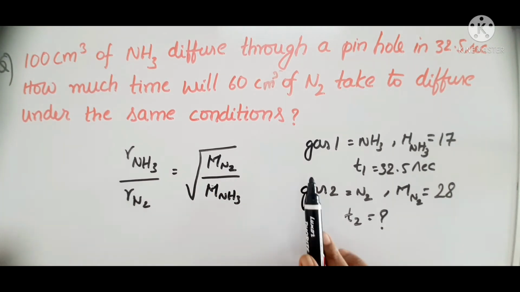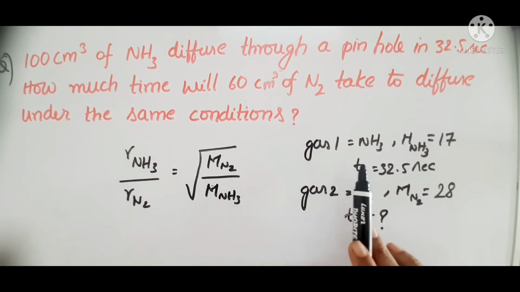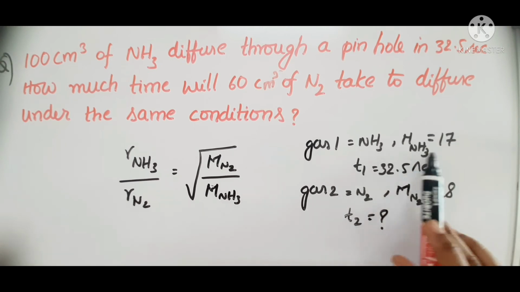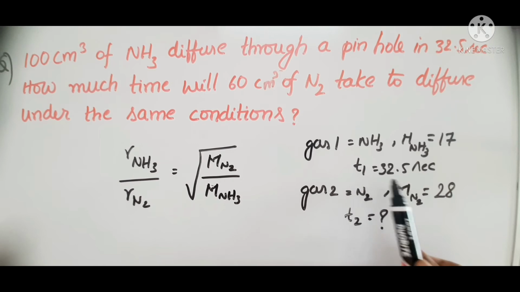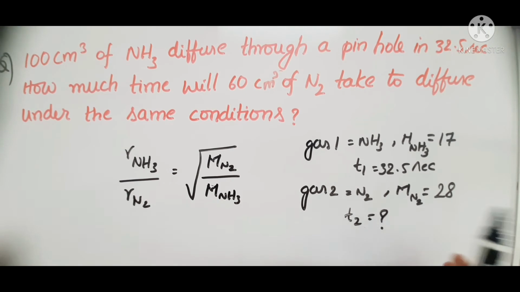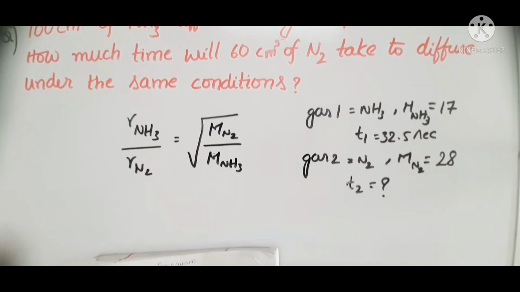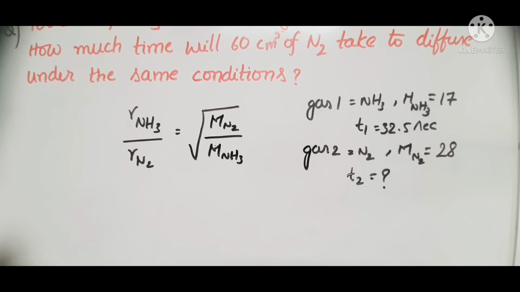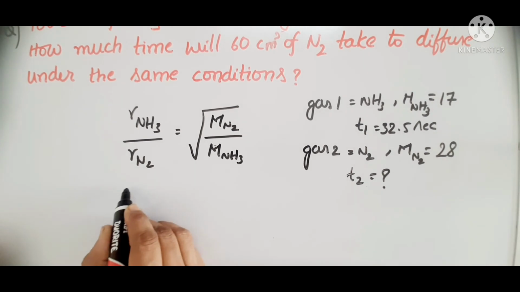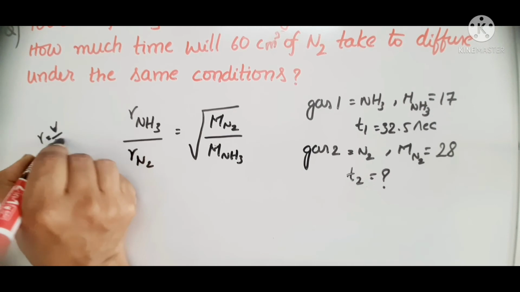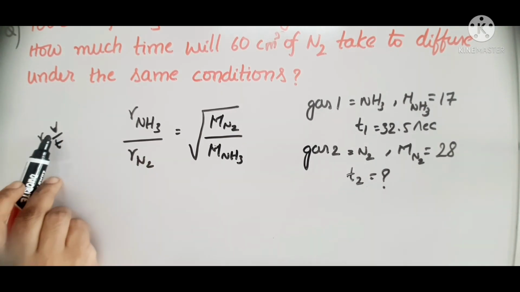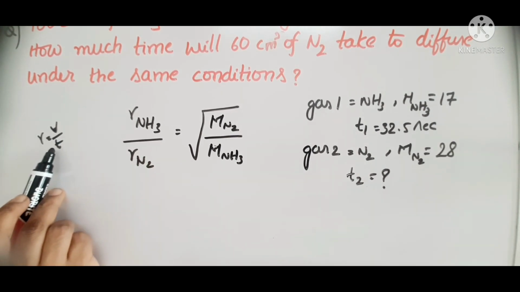Coming to this condition, assume gas 1 is ammonia, NH3, with molecular mass 17. Time taken for diffusion is 32.5 seconds. Gas 2 is nitrogen, with molecular mass 28, and you have to calculate the diffusion time. So you have this relation. The diffusion rate R equals V by T, the volume of gas diffused by the time taken for the diffusion.